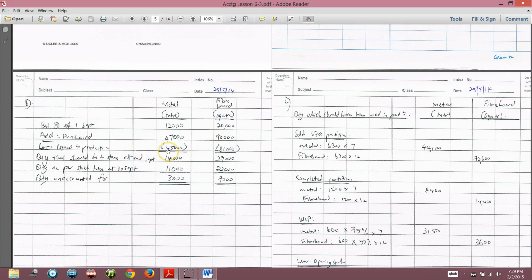And then my department issued so much to the production department. So the quantity of metal and fiber board that should be in the store at the end of September is so much. But according to note 1 of the question, the stock take shows that the metal is 11,000 and the fiber board is 22,000. So the quantity unaccounted for is 3,000 for metal and 7,000 for fiber board.